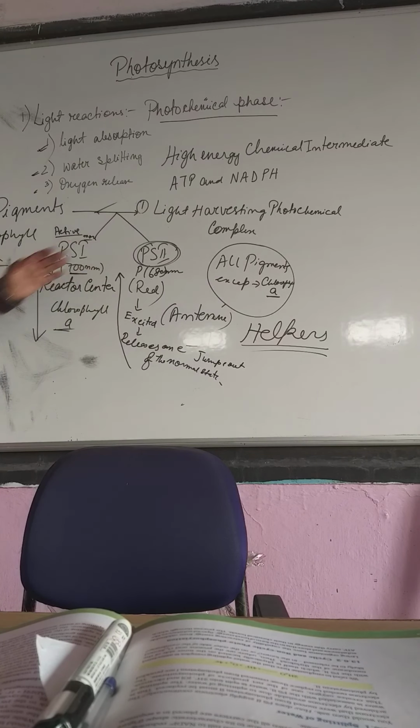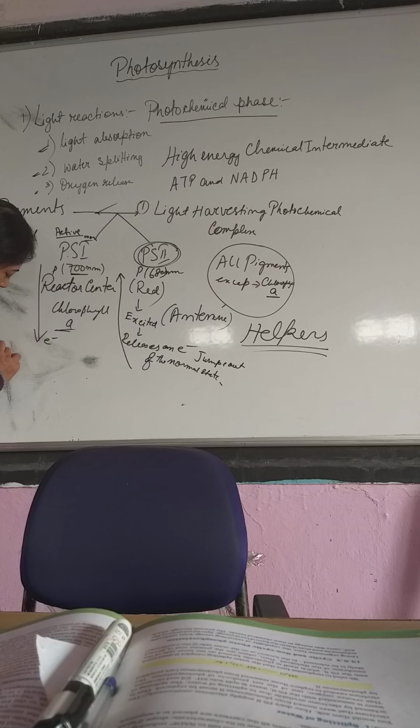This electron moves uphill and this electron moves downhill, and it is absorbed by NADP.